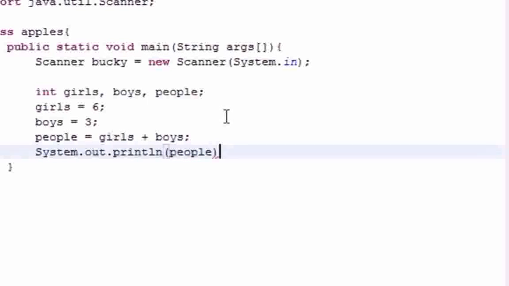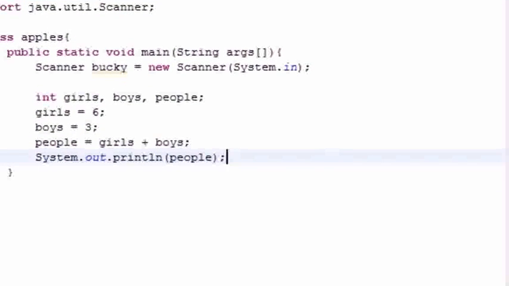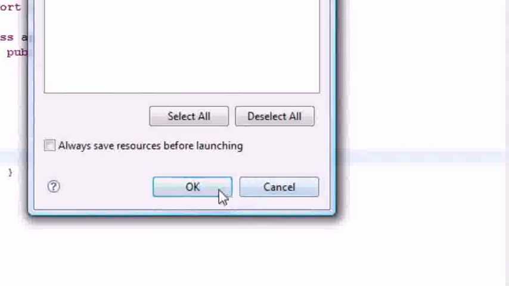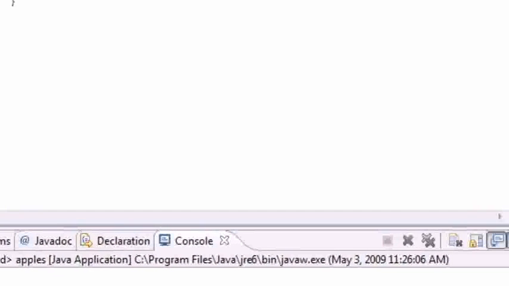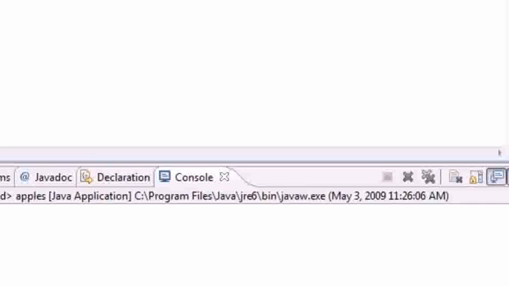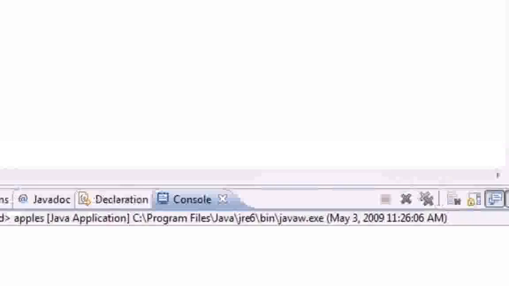And now if we go ahead and run this, we get 9, since 6 plus 3 is 9. And so that is how you can use addition with Java.